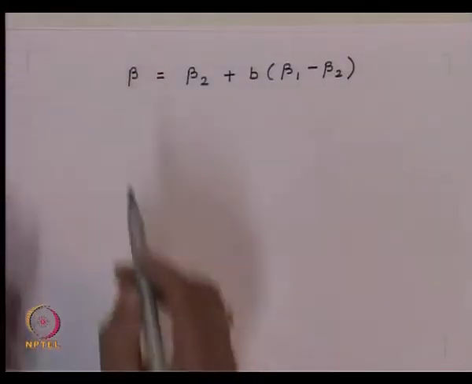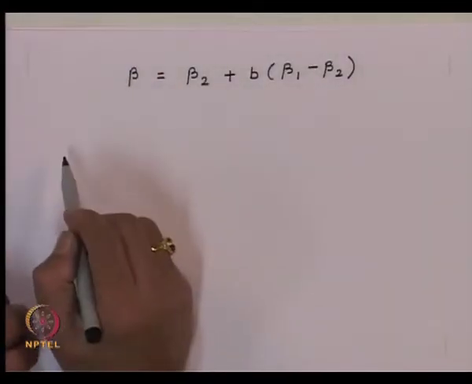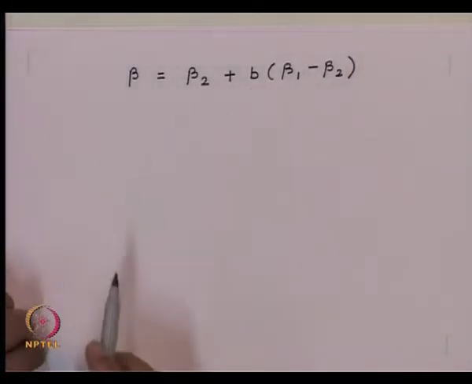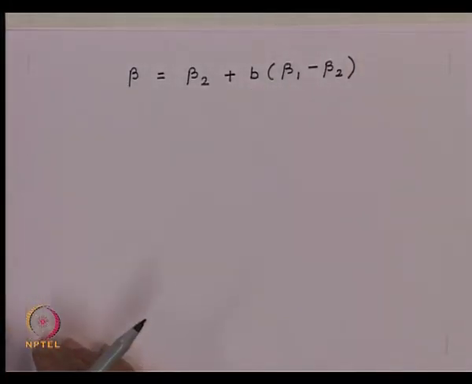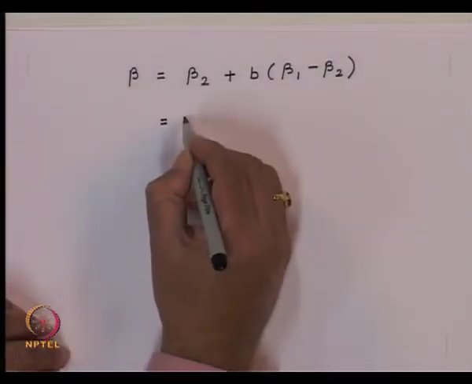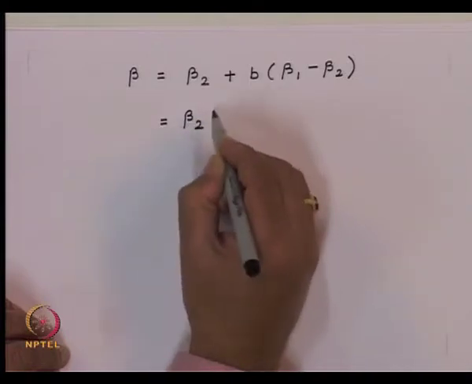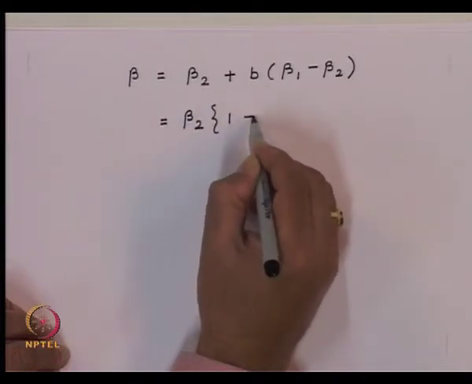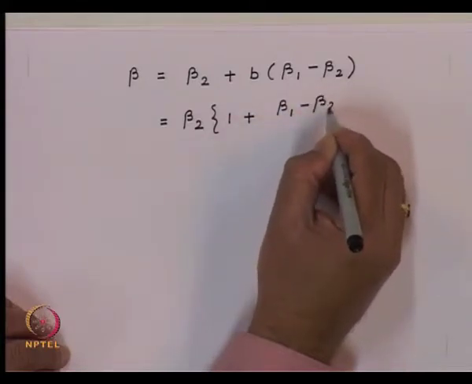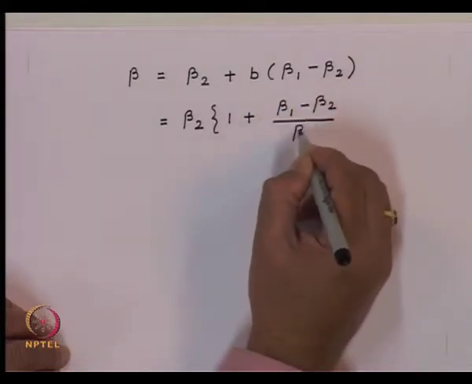So you get the phase constant beta for a mode, which is given by beta 2 plus this quantity. Now I can take this beta 2 common from here. So you get beta 2 times 1 plus beta 1 minus beta 2 upon beta 2.